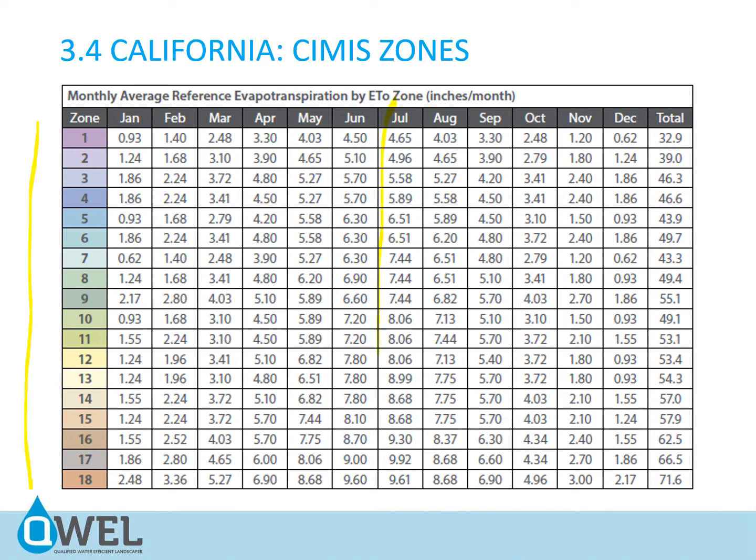You'll see that it ranges in zone 1 from 4.65 inches in July, all the way up to 9.61 for zone 18 for the same month. So it varies quite greatly. And on the right-hand side of the chart, you'll see the total ET for the year.